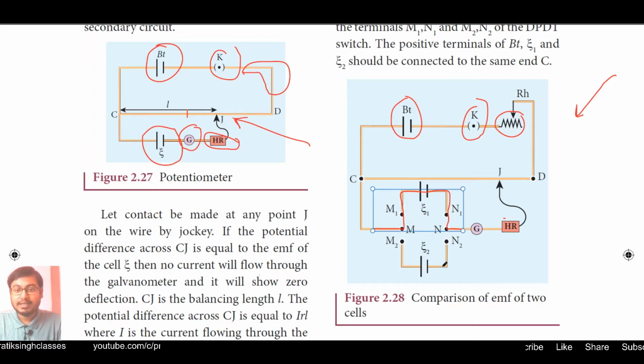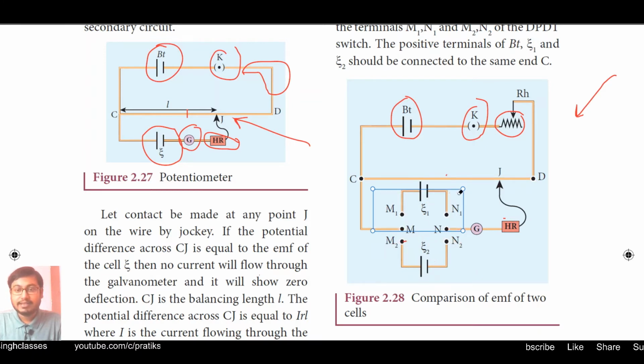So in this situation, this cell Xi2 will not make the circuit complete. It is totally out of the circuit, and we will only get Xi1 in the circuit from which the current will flow. In the second situation, when we have M attached to M2 and N2 attached to N, the current will flow in the lower circuit.